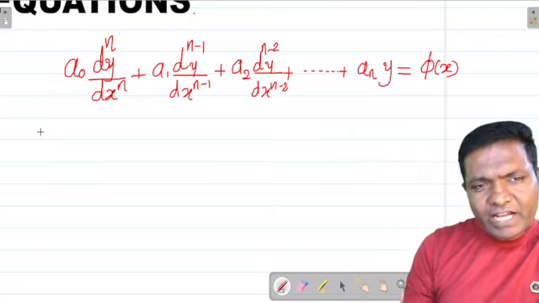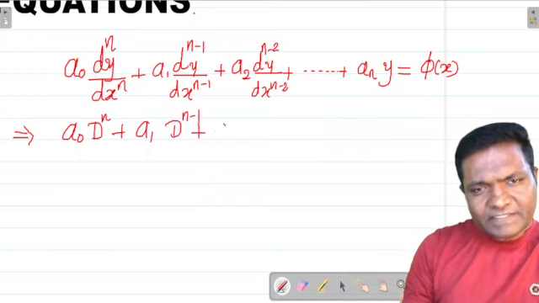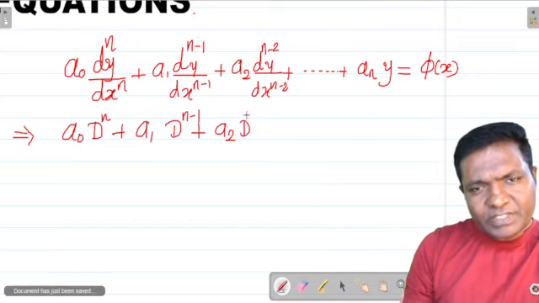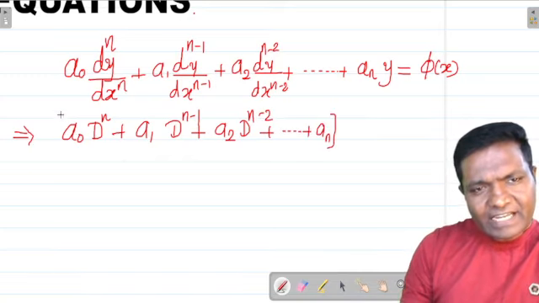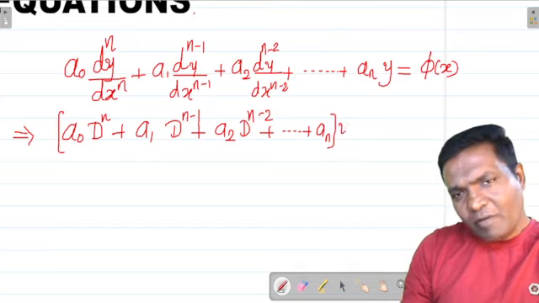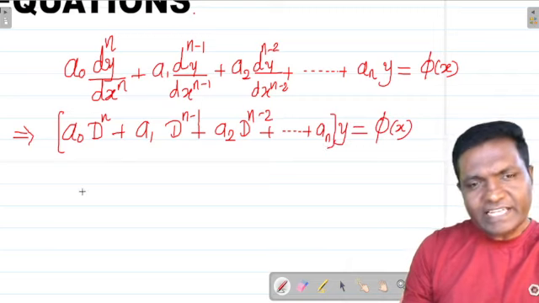So we also represent this in the form (a naught D^n plus a1 D^(n-1) plus a2 D^(n-2) plus an) y is equal to phi of x.